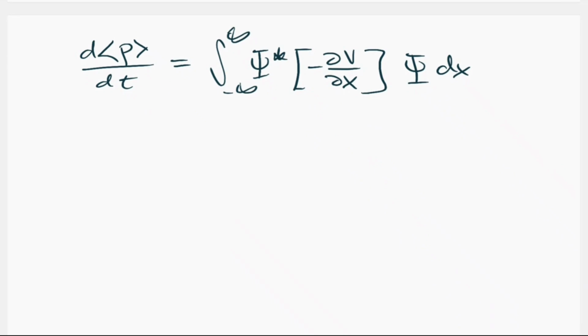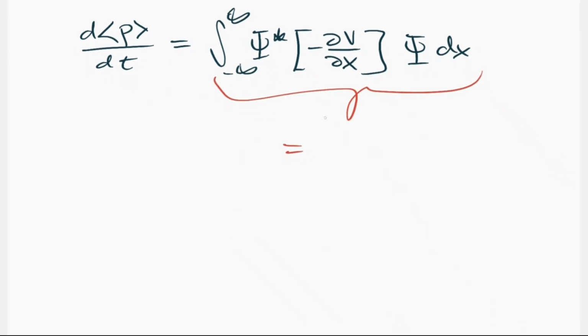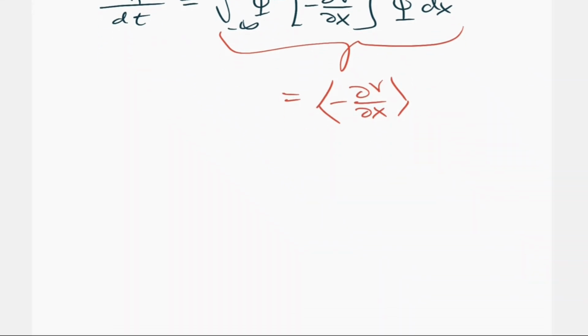Well, by definition, we know that that is equal to the expectation value of negative dV/dx. And so we proved that the time derivative of the expectation value of momentum is equal to the expectation value of negative dV/dx.